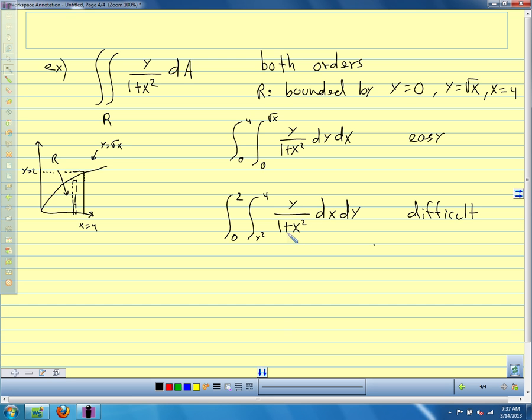For inverse tangent, we have an inverse tangent. I would choose to evaluate this one just because it turns out a little easier. So there's our setup, and we can evaluate these. Questions on that one?